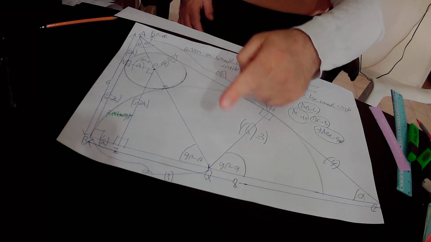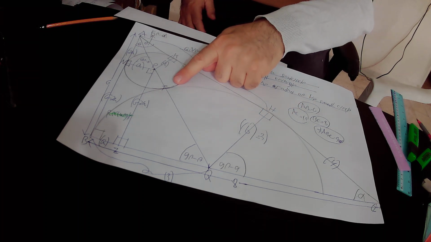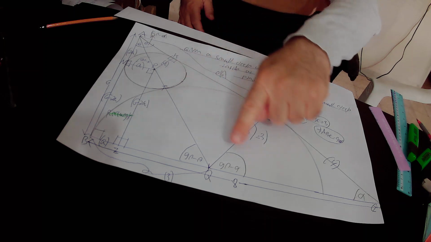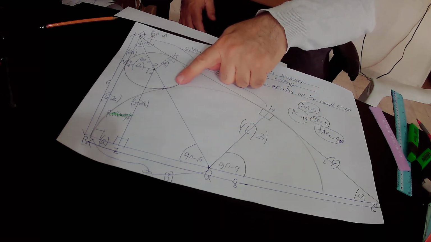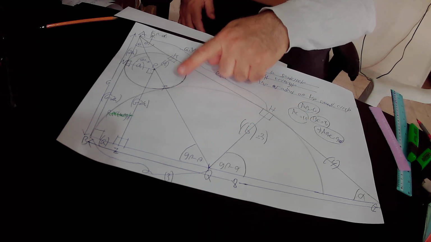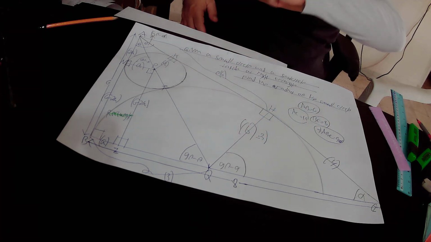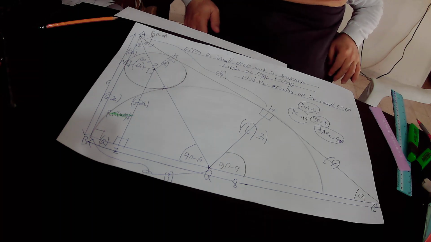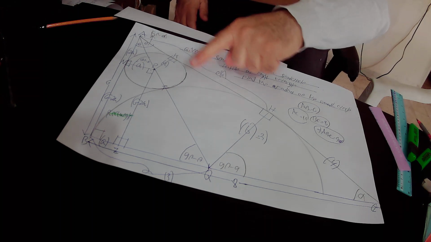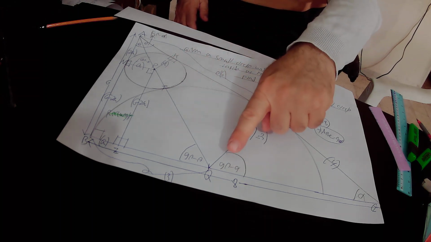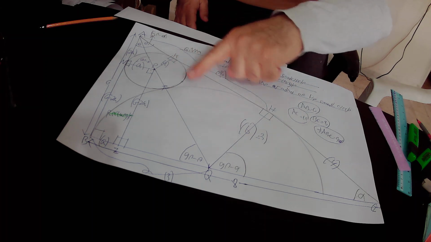And this straight line PQ must pass through point T, that is their touching point. Or PTQ is one straight line according to rule 10. So, if PTQ is one straight line, it means that PQ is a straight line also.